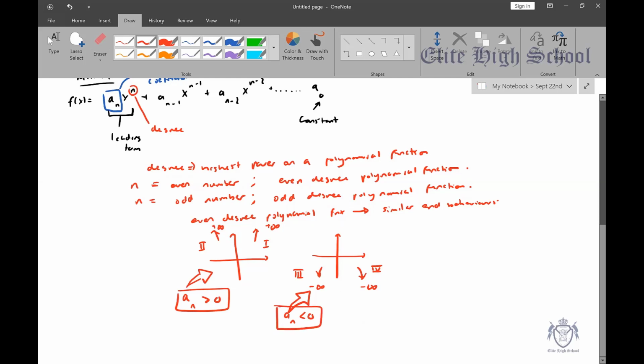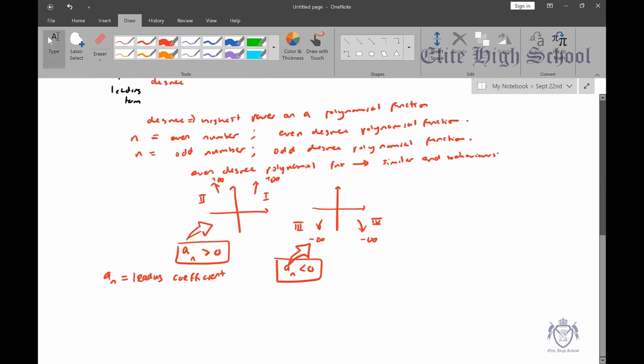So we can look at the sign of the leading coefficient, and a sub n is your leading coefficient. If we look at its sign, we can determine the end behaviors of a polynomial function. But in conjunction with that, we need to also look at the degree of the function.